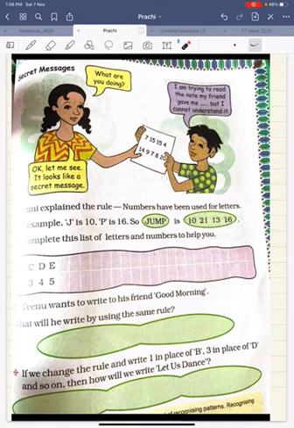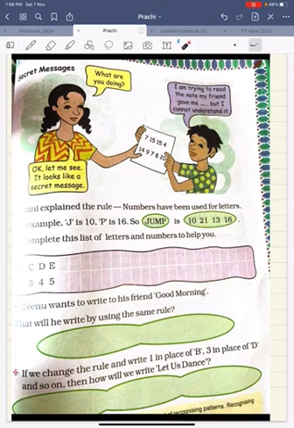These are secret messages. How can we develop secret messages? So see this girl. She's asking, what are you doing? The boy is saying, I am trying to read the note my friend gave me, but I cannot understand it because his friend has written only numbers. So he's not able to understand what the message is, because it's a secret message.